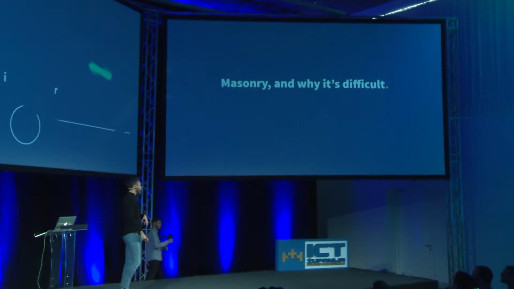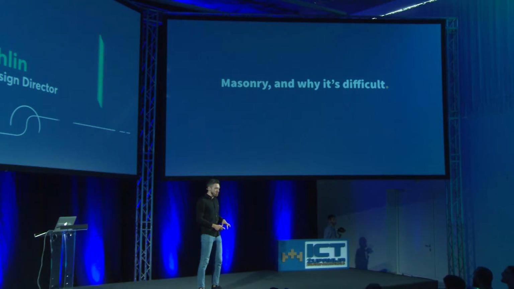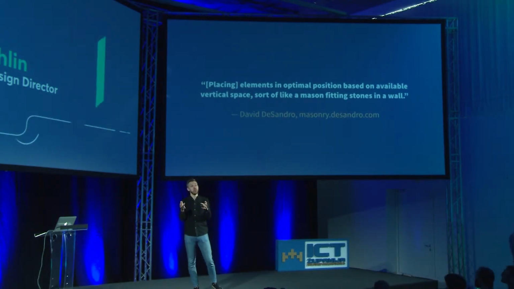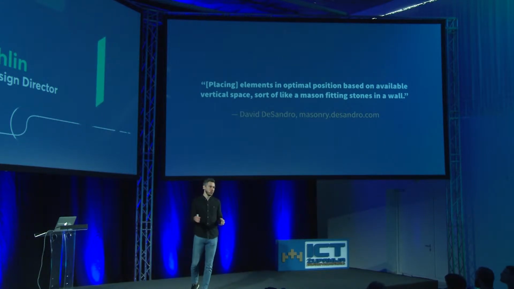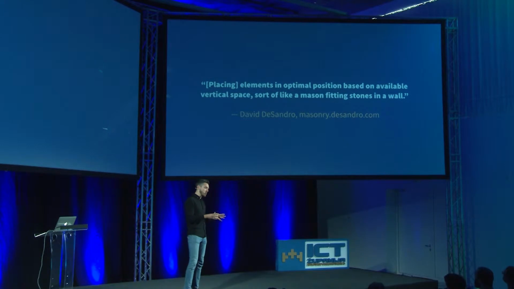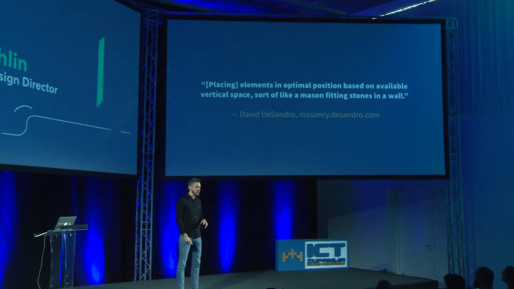So let's talk about Masonry and why it's difficult. Masonry, as defined by David DeSandro, who made the very popular JavaScript Masonry framework, put it like this: placing elements basically in an optimal position based on available vertical space, not horizontal space, sort of like a mason fitting stones in a wall.